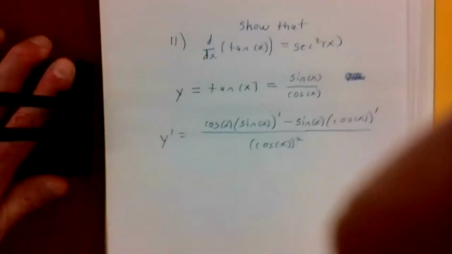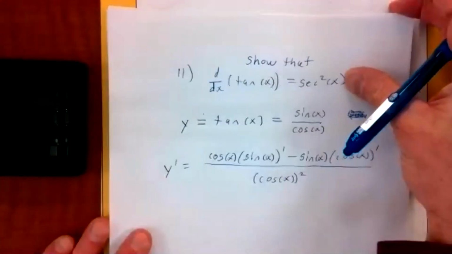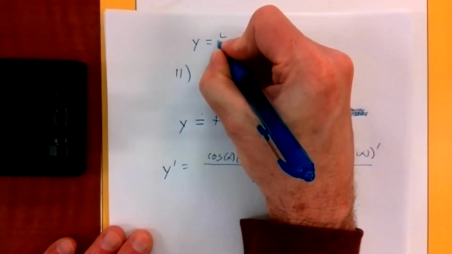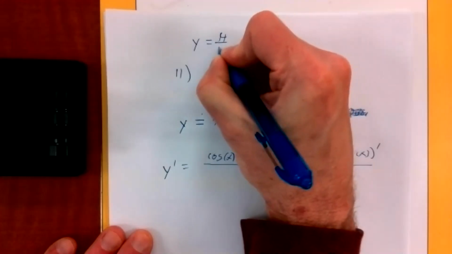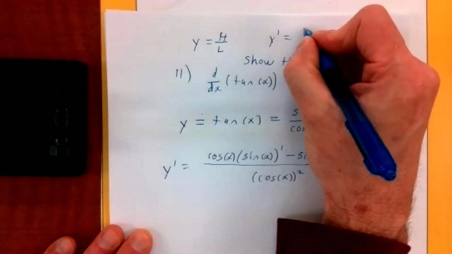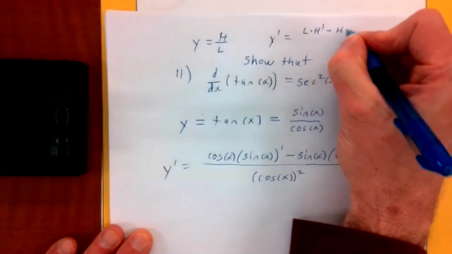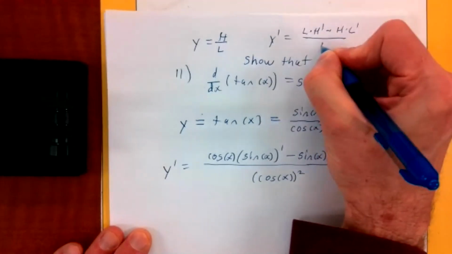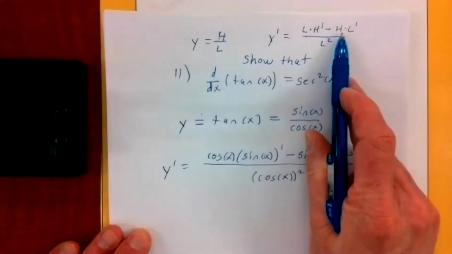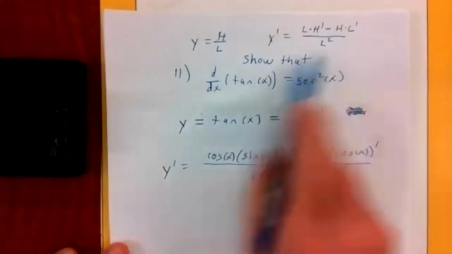Here, I'll put it down. If a function's in the form high over low, the derivative will be low times the derivative of high minus high times the derivative of low, over low squared. And we learned the saying: low d high minus high d low all over low squared for the quotient rule.